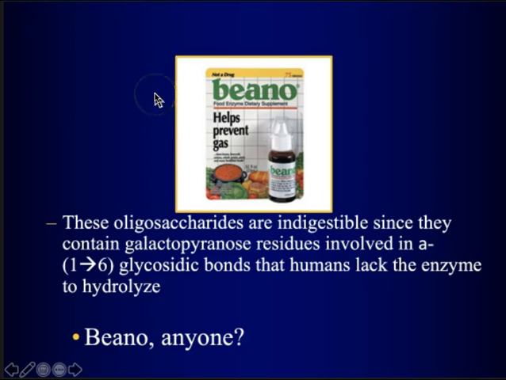So another one that we can't break apart is actually what we use Beano for. So they are indigestible since we don't have that 1,6 glycosidic bond, like you think of beans. But Beano is actually an enzyme that helps us digest some of those bonds.